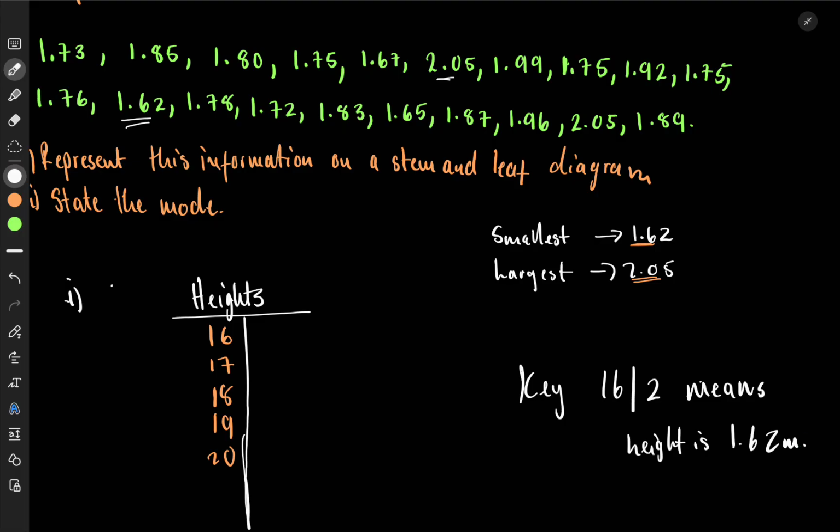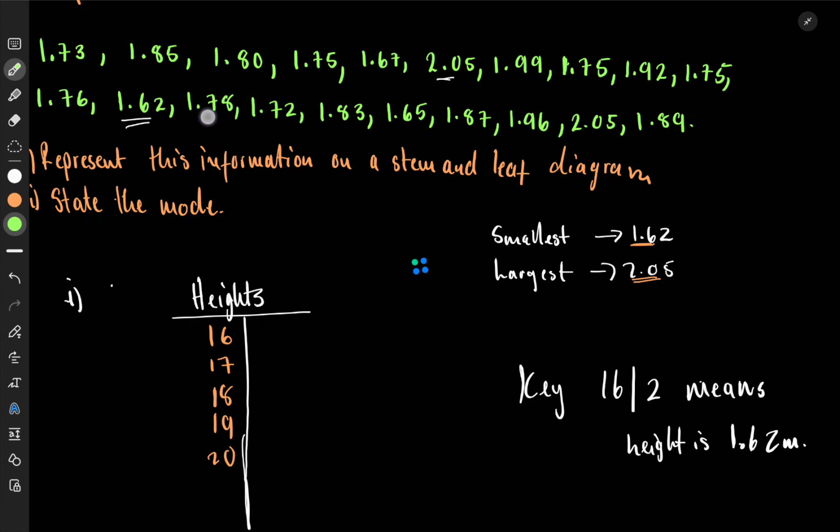Exactly. Great. So 16 bar 2 means 1.62. There is a point between 1 and 6, but I'm not going to put it in my stem and leaf diagram.